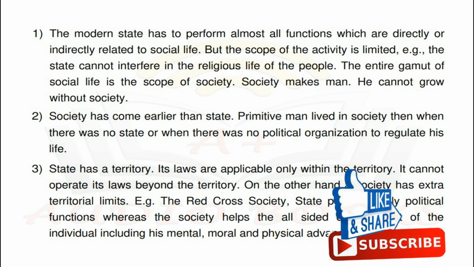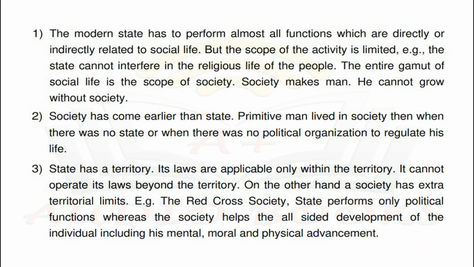2. Society has come earlier than the state. Primitive man lived in society when there was no state or political organization to regulate his life. 3. The state has a territory. Its laws are applicable only within the territory.